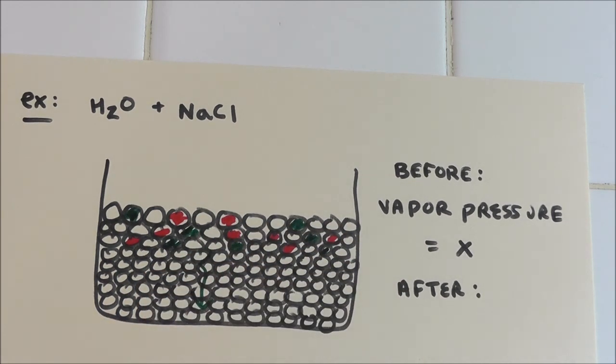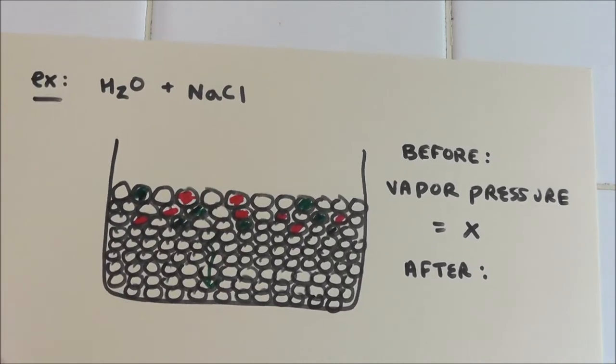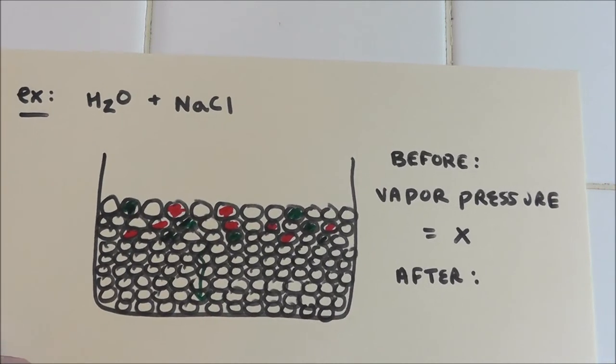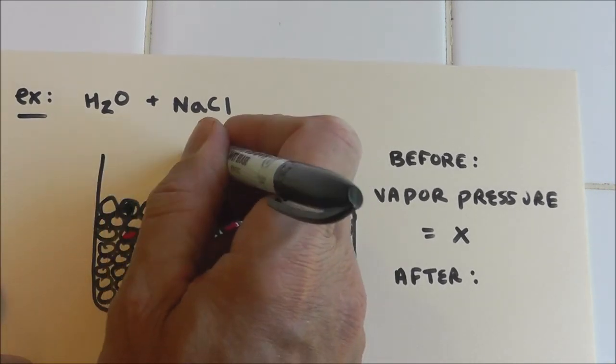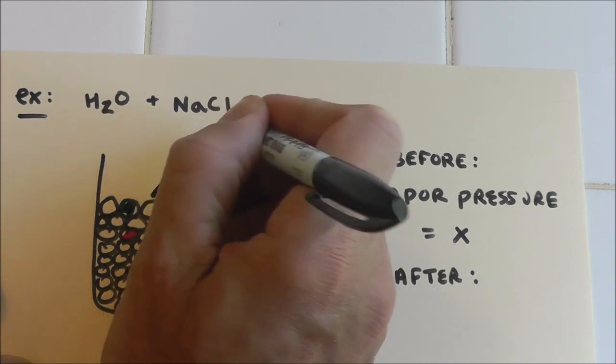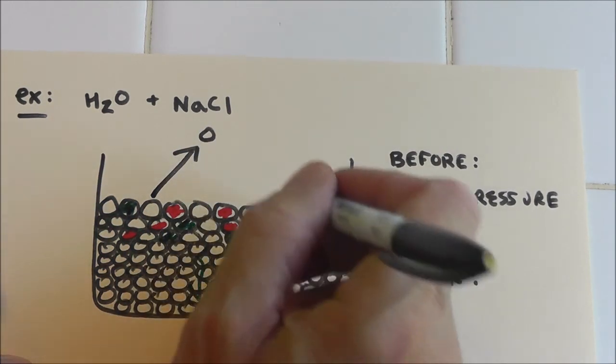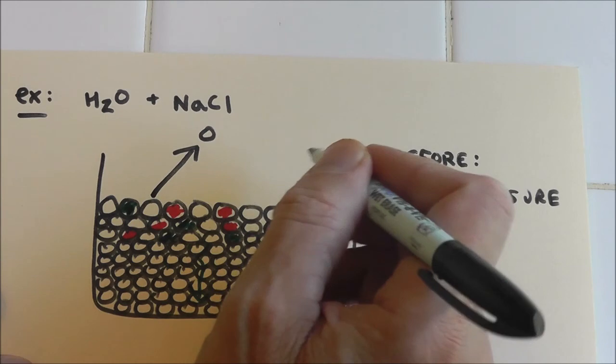Sodium chloride does not have a very high vapor pressure at all. It's non-existent practically because of its ionic forces. And so before, you might have found that once in a while a water molecule could escape. Let's say it's at room temperature.